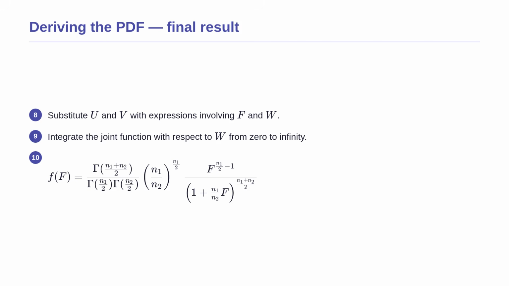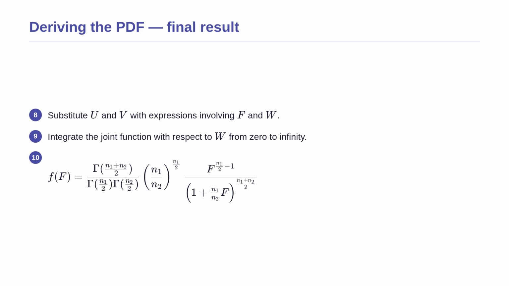To reach our final result, we substitute our new expressions into the joint probability function. However, we only care about the distribution of the ratio f, so we want to completely ignore the dummy variable w. In probability, to remove an unwanted continuous variable, we must integrate it out over all its possible values, from 0 to infinity.